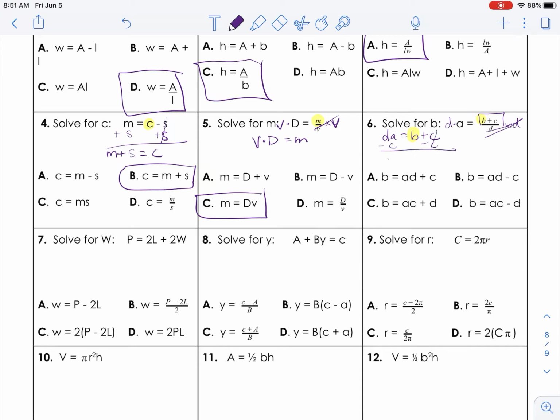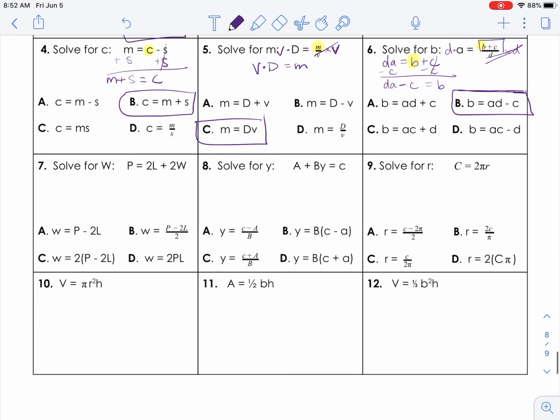So I'm going to end up with dA minus C equals B. And I know you're thinking, well, I don't see dA minus C. That's actually going to be answer choice B because when we're multiplying, we can put them in either order. So if you have a term that says AB, it can be the same as BA. Doesn't matter what order the letters are in if you're multiplying.